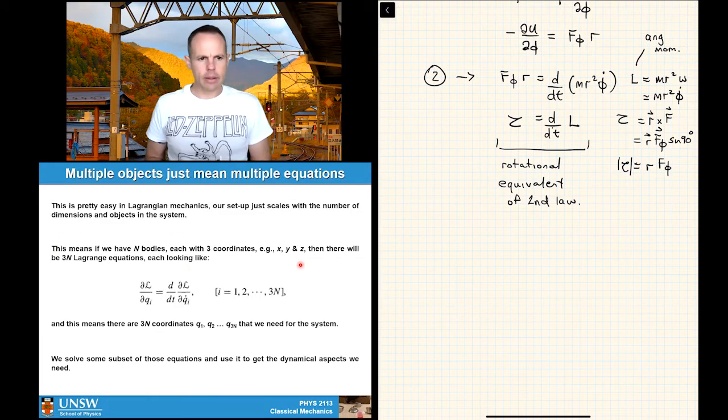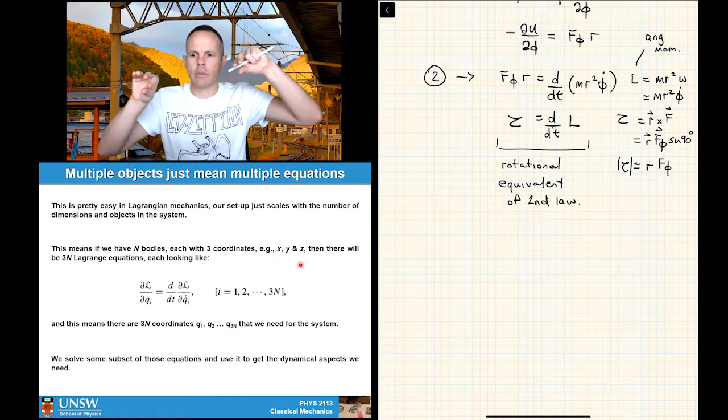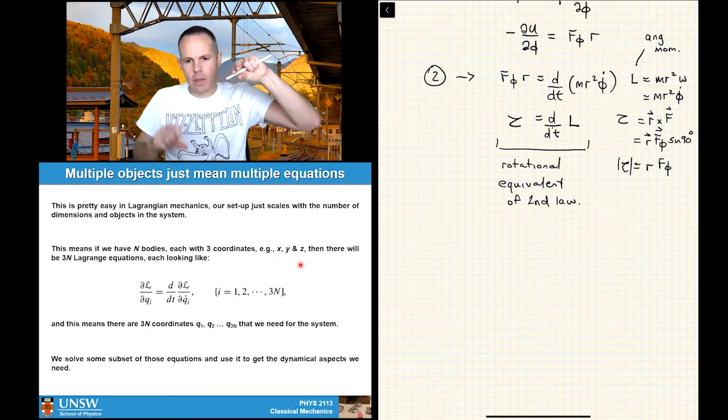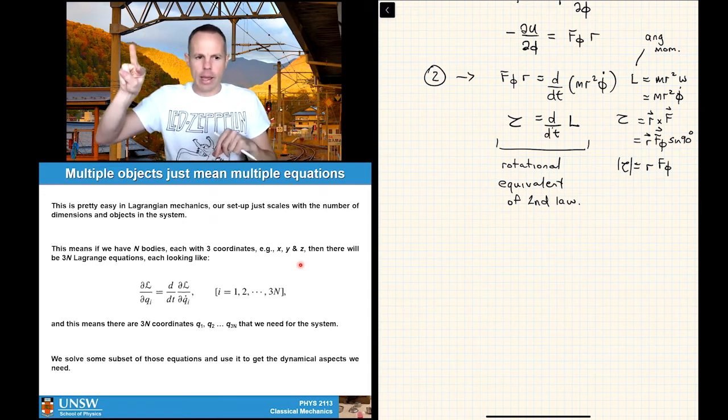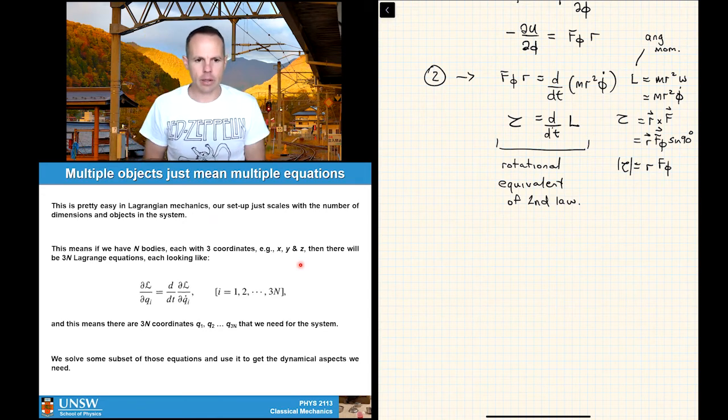So with that done, all that happens in Lagrangian mechanics is if we have multiple objects, we have multiple equations. So you'll know for the problem we just did, we had two coordinates, we had two equations for those two coordinates. If we now had two bodies in that system, both in a rotational coordinate system, we would have particle 1 with r and phi, we would have particle 2 with r and phi, and so we would have 4 equations in here, okay? If we think back to a full 3D x, y, z problem, imagine we have n bodies.